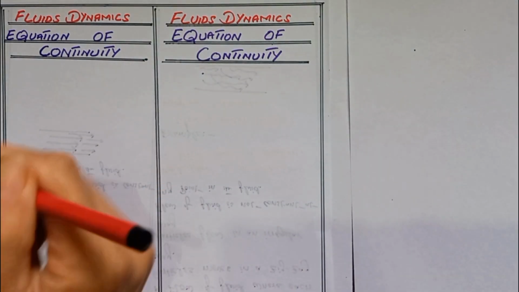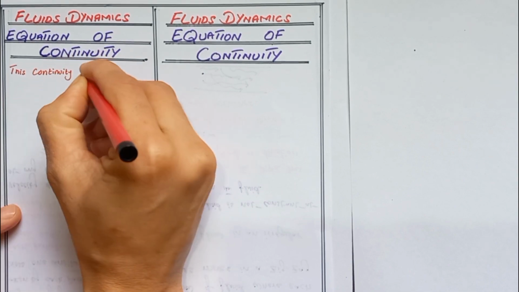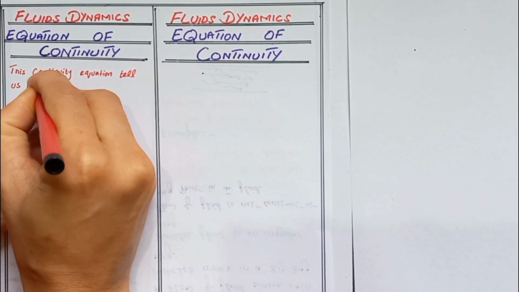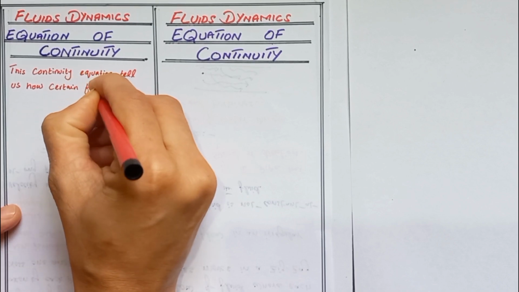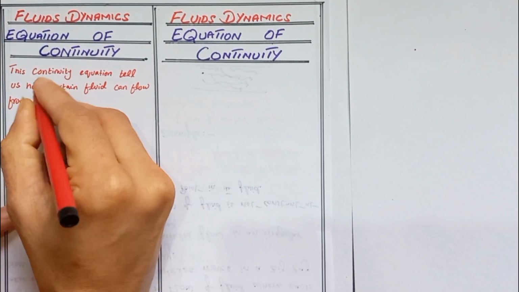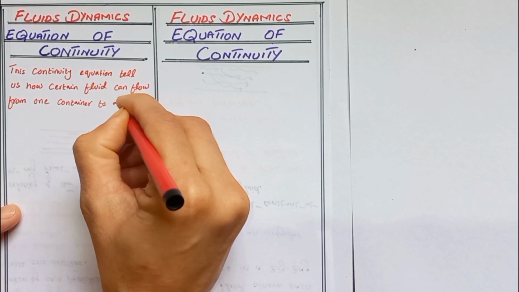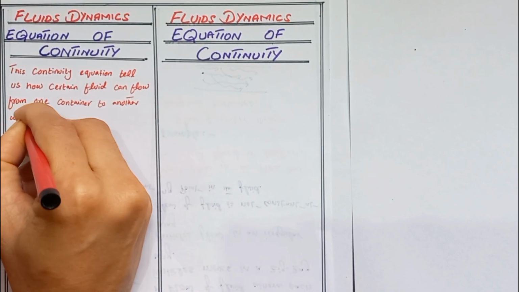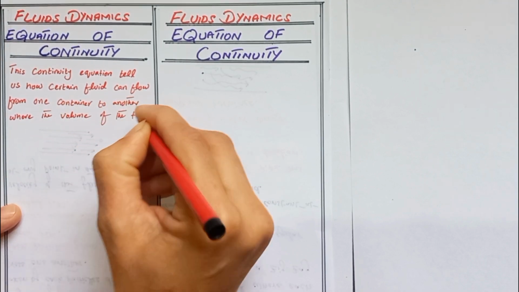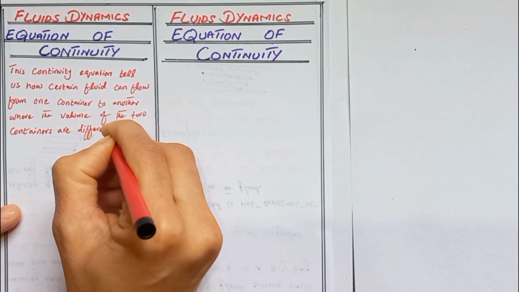This continuity equation tells us how certain fluid can flow from one container to another where the volume of the two containers are different.